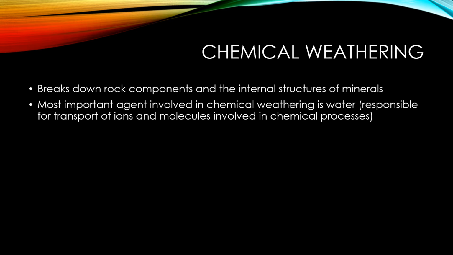And the most important agent involved in chemical weathering is water, because of the way that water can attack the surface area of rocks. And water is responsible for the transport of ions and molecules that are involved in the chemical processes that transform the chemical composition of rocks during chemical weathering.